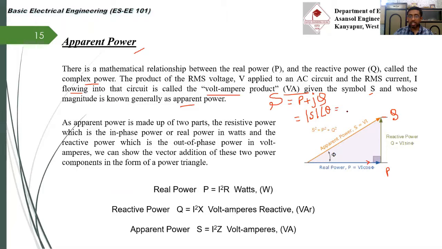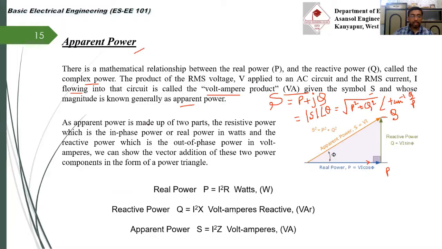What is mod S? Mod S is nothing but the root of P square plus Q square. And what is the angle? The angle is tan inverse of Q by P. Clear?